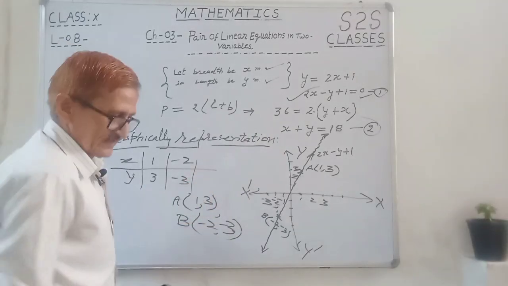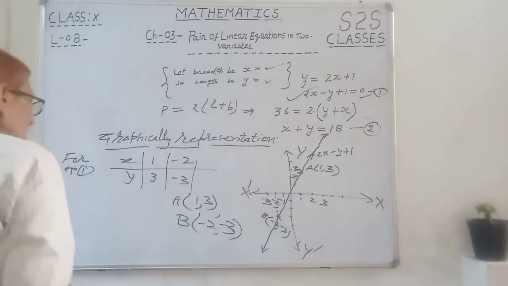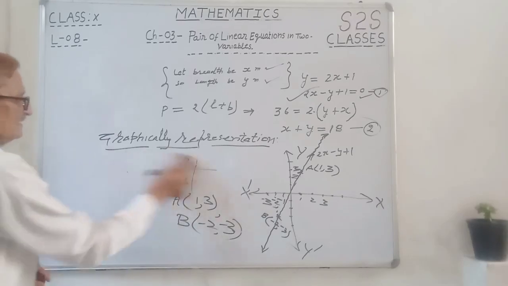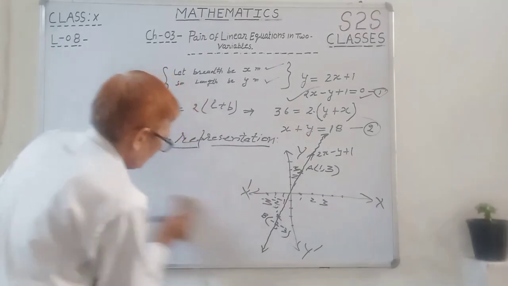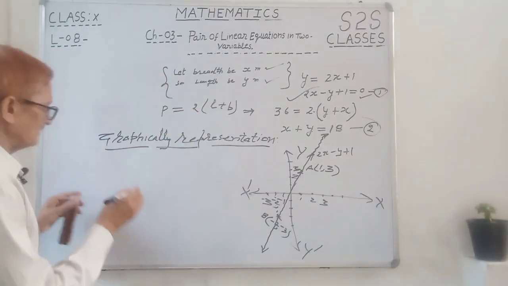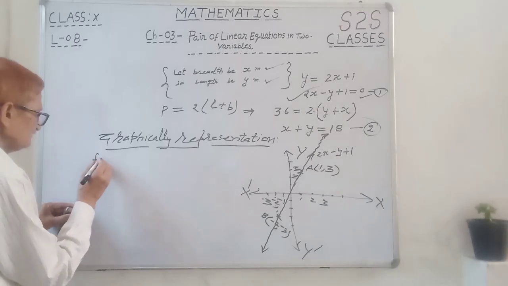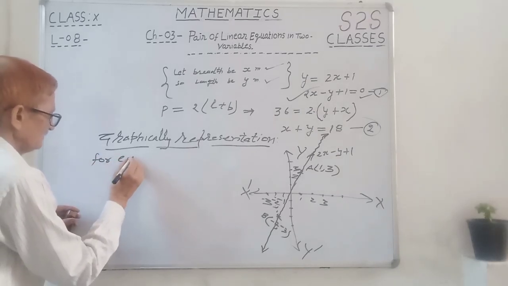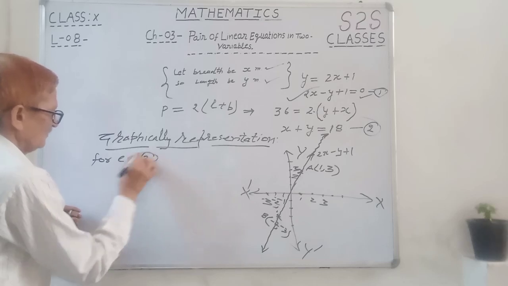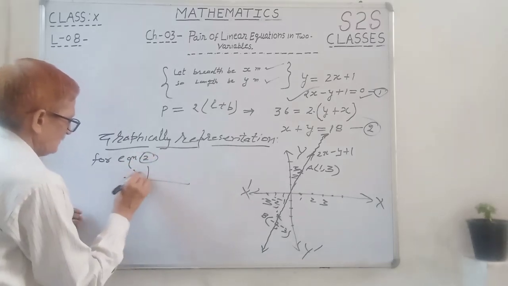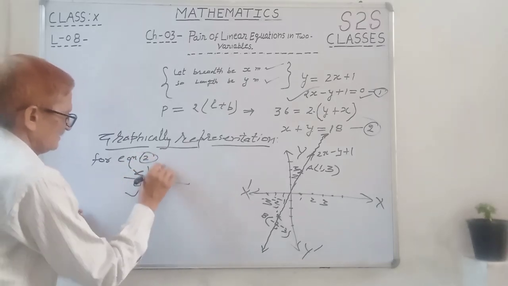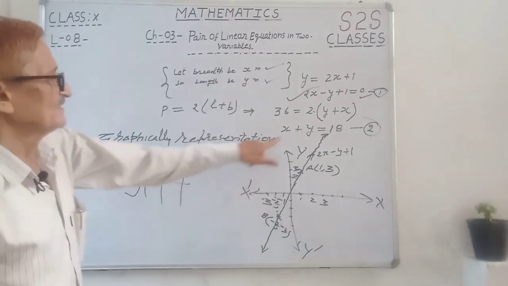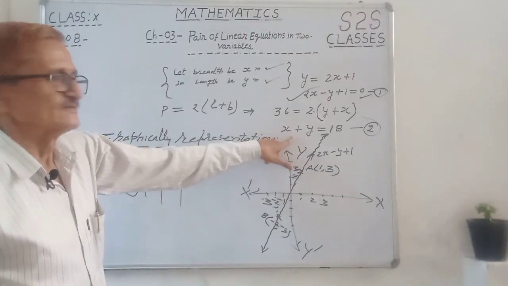Okay, now second, similarly we can take the second equation and take 2 points on that similarly. So for equation 2, x plus y is 18.